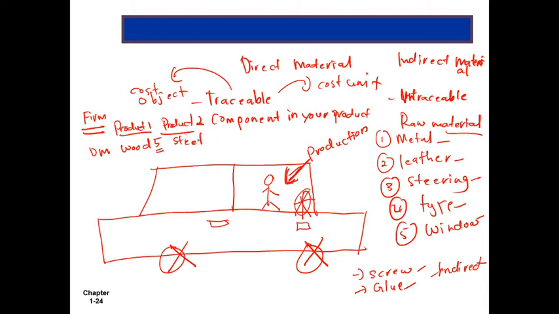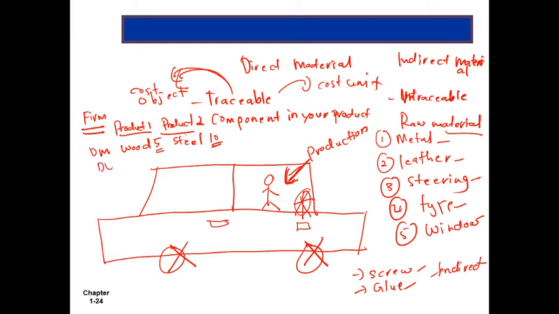The steel for product 2 costs you $10, so the direct material cost for product 2 is $10. So it's traceable into a cost object. Indirect means we cannot count the small things, like screws, glue, and anything else.